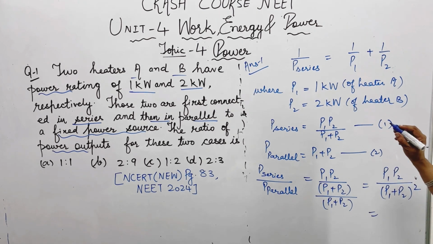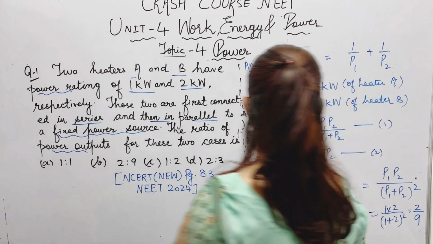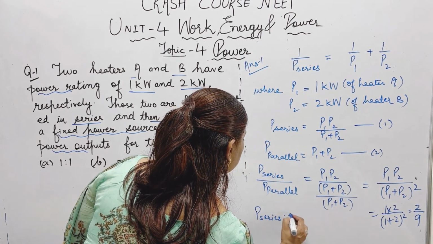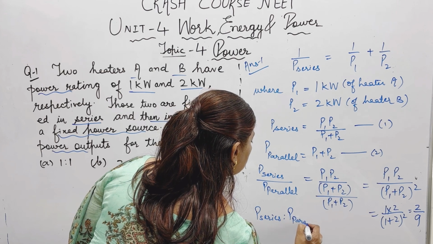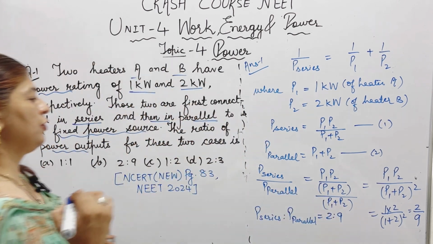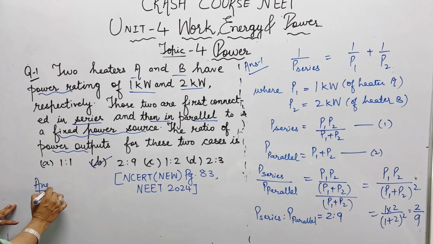Now P1 into P2 is 1 into 2 and P1 plus P2 is 1 plus 2. So this is 2 upon 3 square, 9. So 2 is to 9. P series is to P parallel is equal to 2 is to 9. So option B is correct, and the answer for the first question is option B, 2 is to 9.